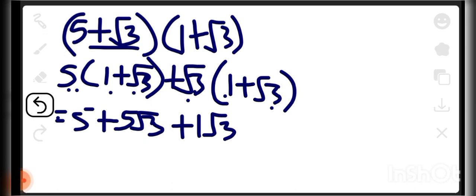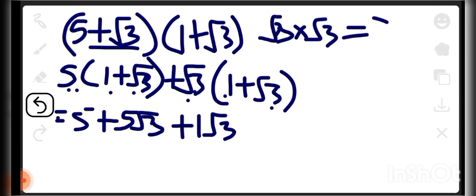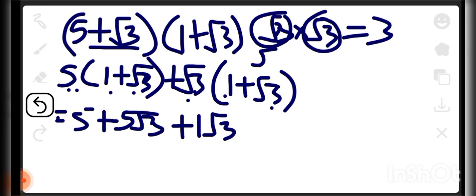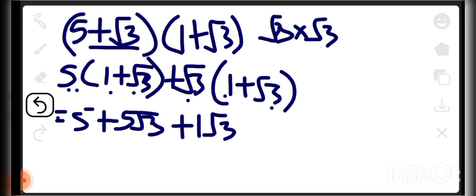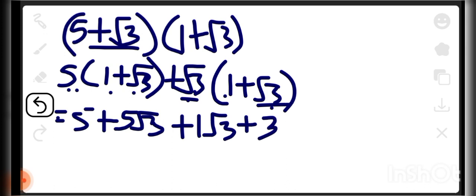Root 3 times root 3 will be what? 3, since they are the same thing. If they are the same and we are multiplying, the square root will cancel out. Remember, root a times root a is equal to a. Don't forget that. It's very important to note that. So root 3 times root 3 becomes 3.